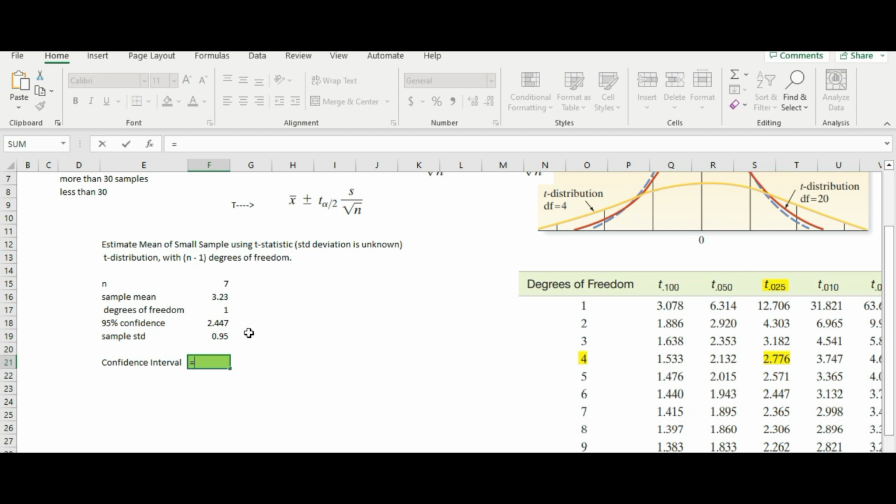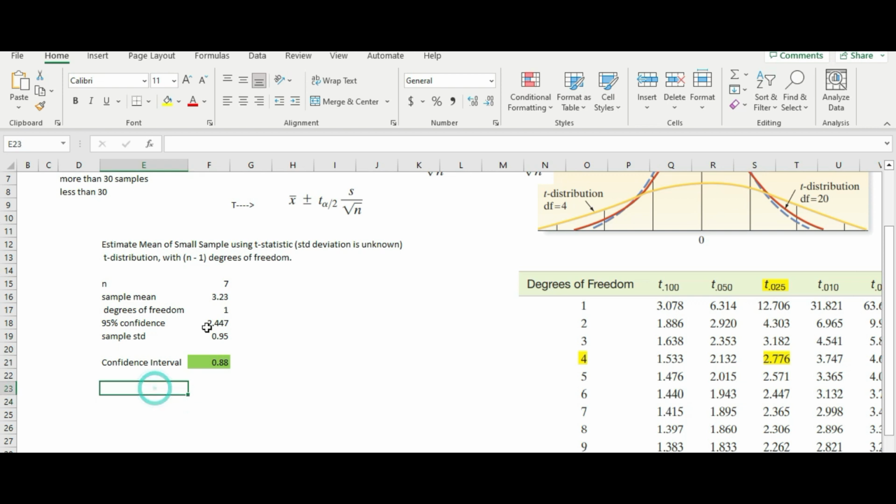First, we compute the margin: the t-value multiplied by the sample standard deviation over the square root of the sample size. The result is 0.87, rounded to two decimals. Now we get the lower and upper limits.